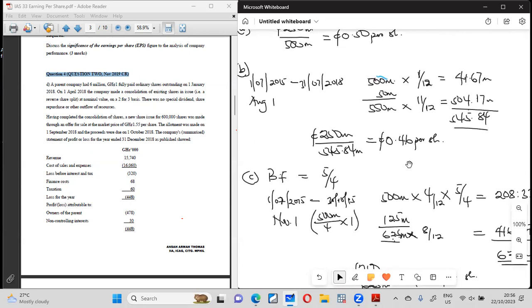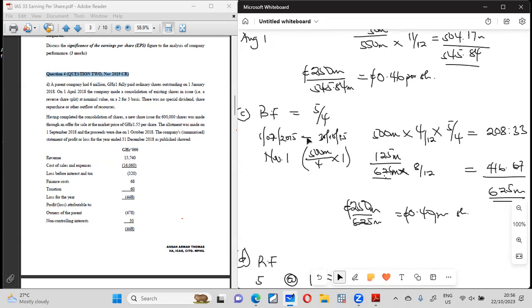So I will ask that, when we were doing this one, why is it that you were comfortable with us multiplying it here, but we never multiplied it when there was the right issue itself or the bonus issue itself?